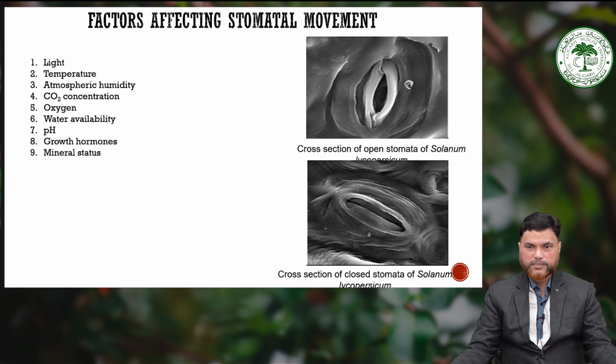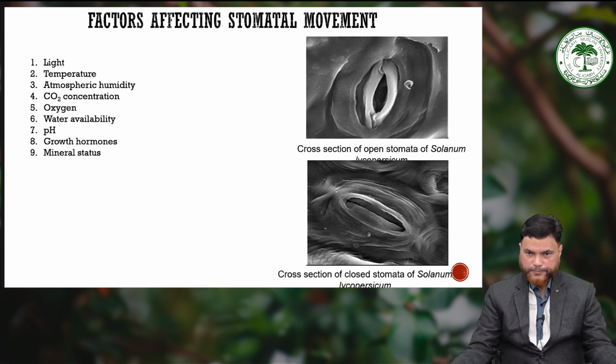Generally, environmental signals are perceived by the guard cells, and these signals are transduced into ion fluxes as discussed earlier, leading to a change in the turgor pressure of the guard cells. Some of the important environmental factors affecting stomatal movements are discussed.